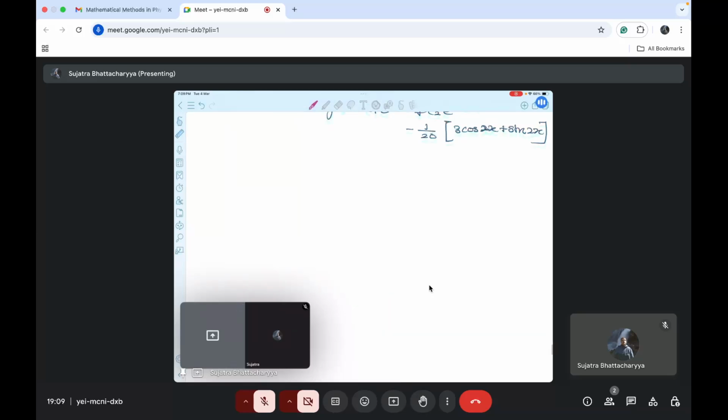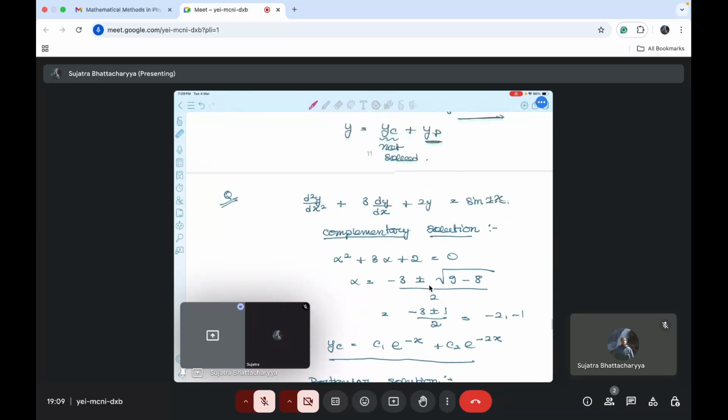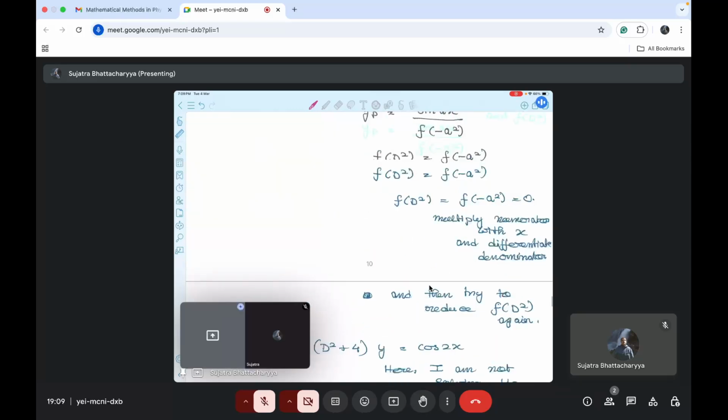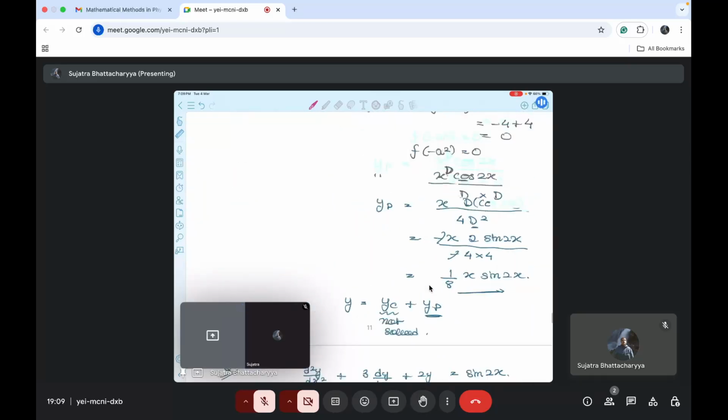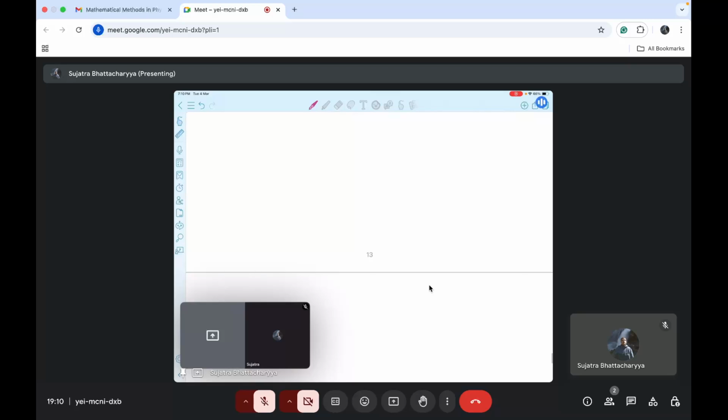So we have looked at the third rule, I think. Yes. Okay, the fourth one is when you have some ODE of the form 1 upon f(D) acting on e to the power ax times some function phi. It can be any function.